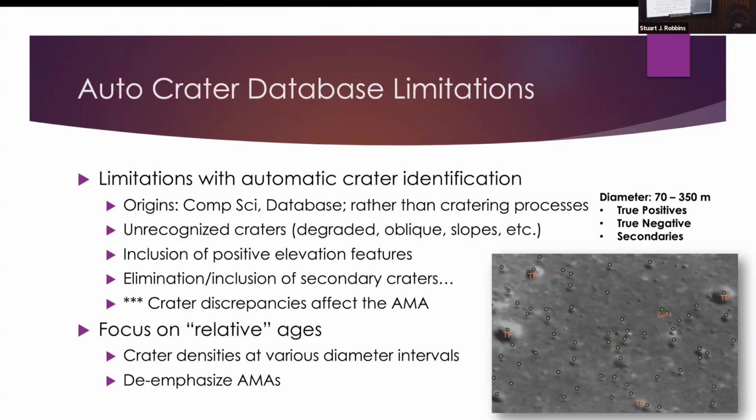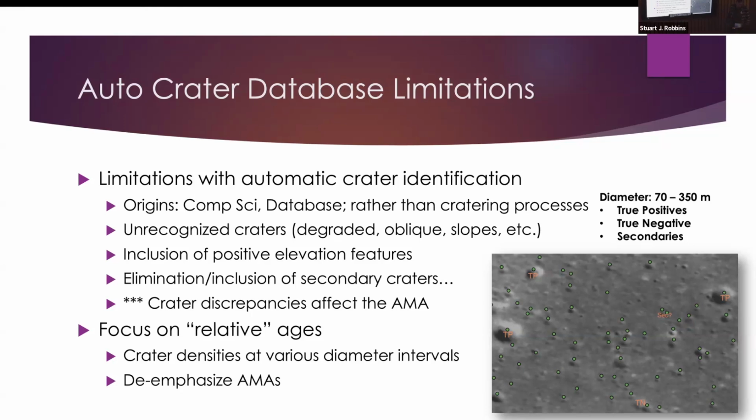First of all, these techniques were developed and rose up through the computer science and database world without a huge knowledge base of impact cratering processes. That can be a limitation; there's a little bit of a built-in bias there. Some of the problems we've all seen are unrecognized craters due to degradation, obliquity, or sloped surfaces.